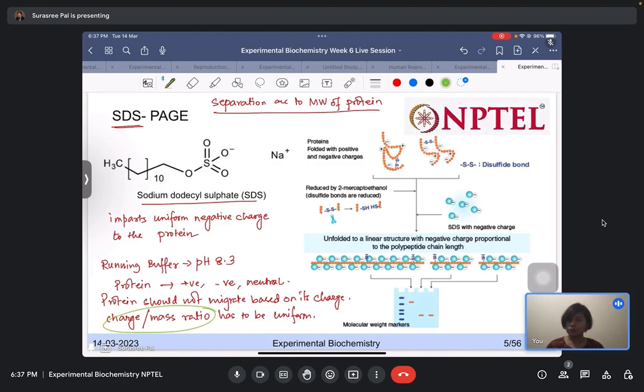To do that, we use SDS to impart this uniform negative charge, or to keep the charge-to-mass ratio uniform, we use this molecule called SDS.